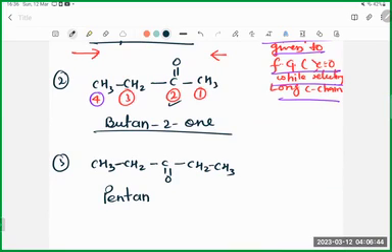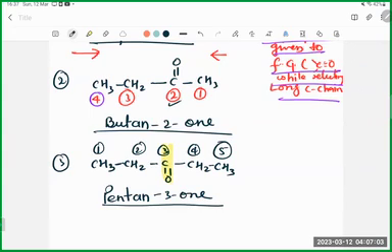A and E will be dropped with the ONE. What is the position of ONE? This is 1, 2, 3, 4 and 5. What is the position of ONE, Hridaya? Three. Yes. So 3-one. It is clear now? Yes, ma'am.